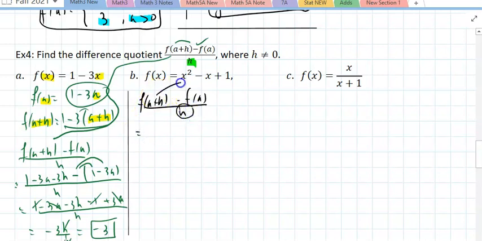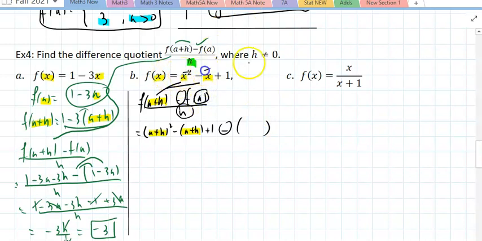F of a plus h, I have to put that in two places. That would be a plus h squared minus a plus h plus 1 minus, parentheses, what is f of a?